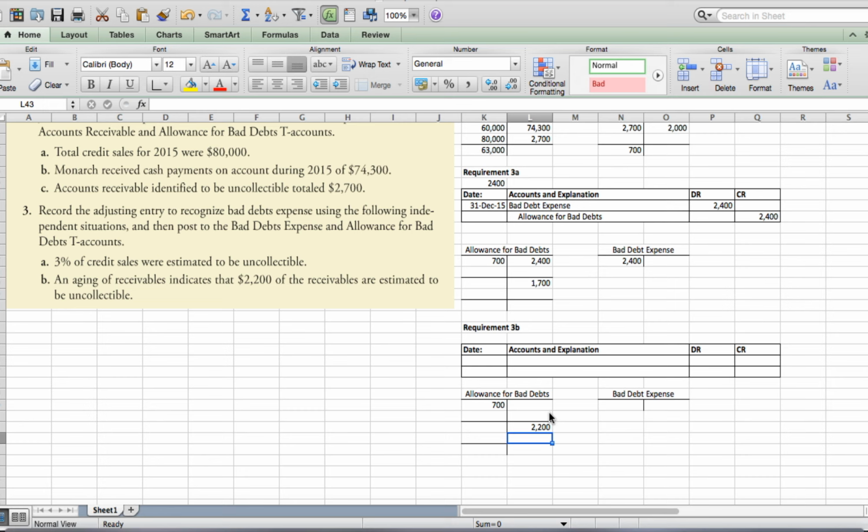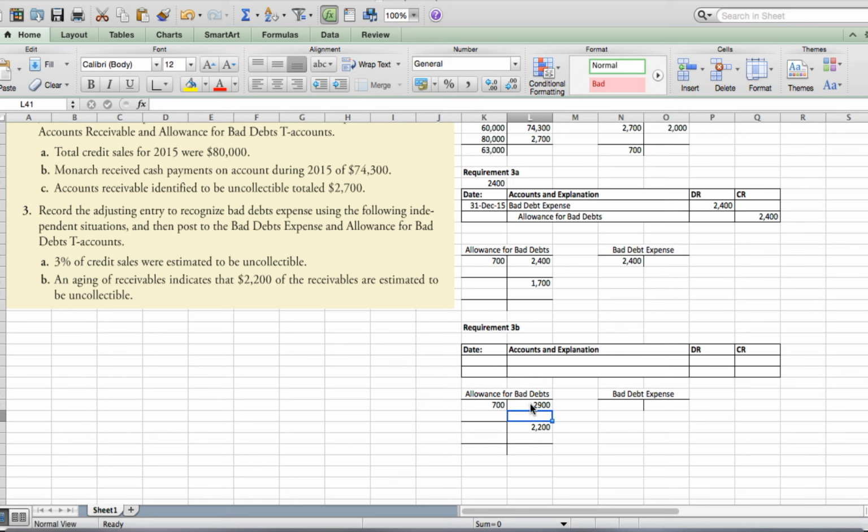Okay? So the amount that goes in the credit side needs to be 2,900 in this case, right? Because if I put 2,900 in there and I net those two together, my end result is 2,200.